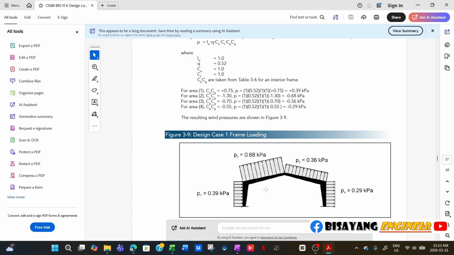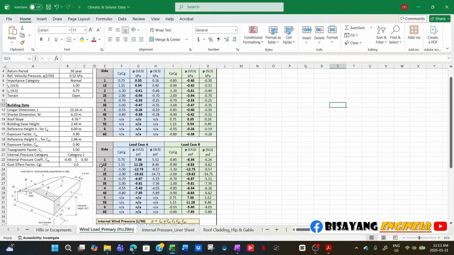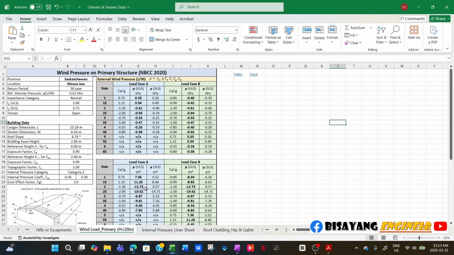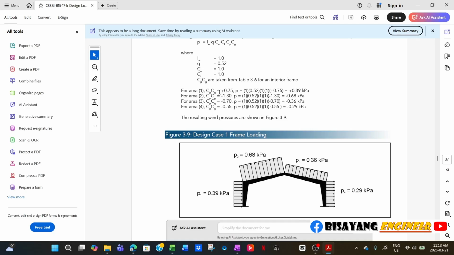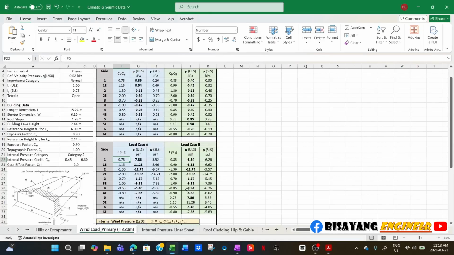And 0.39, 0.75, 1 is 0.75. Okay. So CpCg is 0.75 for area 1. And because this is interior frame, area 1 is 0.75, and then area 2 is negative 1.3.